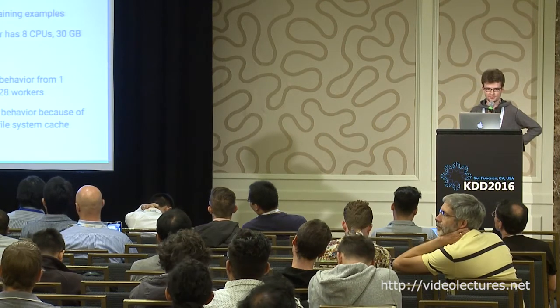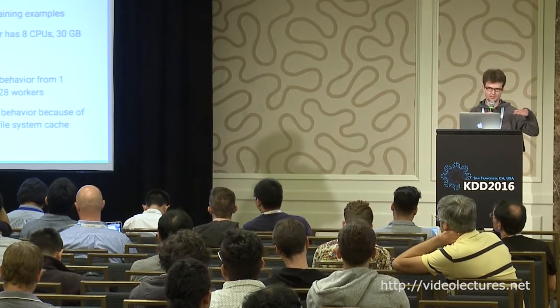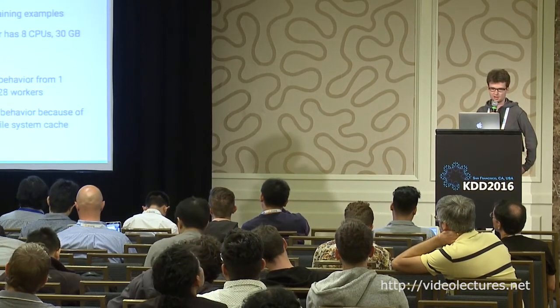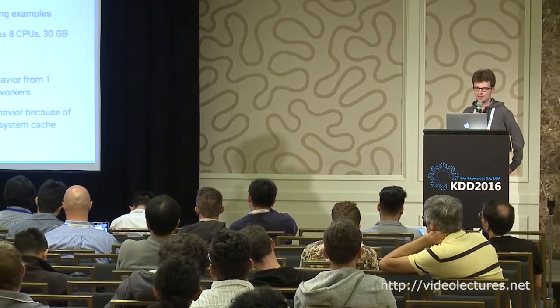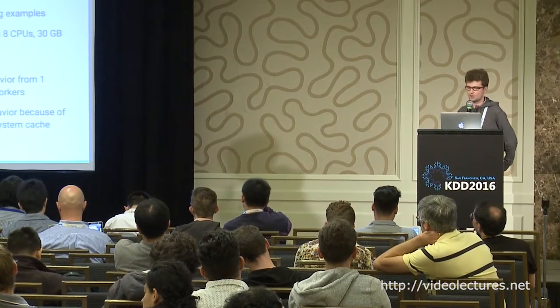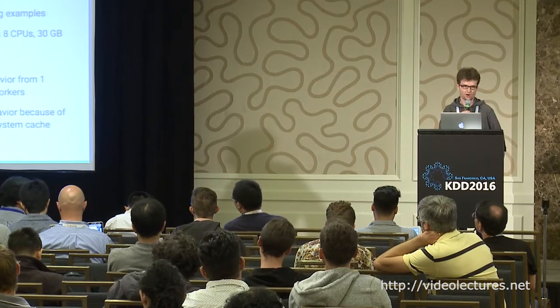Okay, so the other thing we were interested in is to get a linear speedup. And in this experiment, we keep the number of training examples fixed, so the problem size stays constant, and we vary the number of workers. So what you see here on the graph on the top left-hand side is the runtime for 1 iteration with 1 worker.